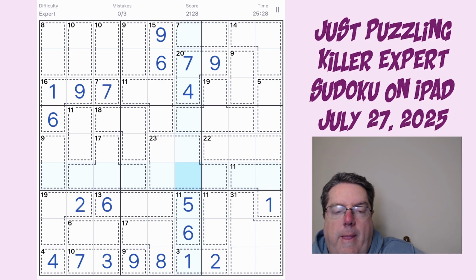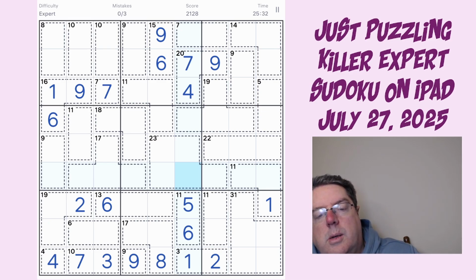So 4. It's not going to be there, but 4 could be there. This is 8 and 1. This is 8 and 2. So 8's down here. That could be 8 and 1. Can't be there. 8 could be there.